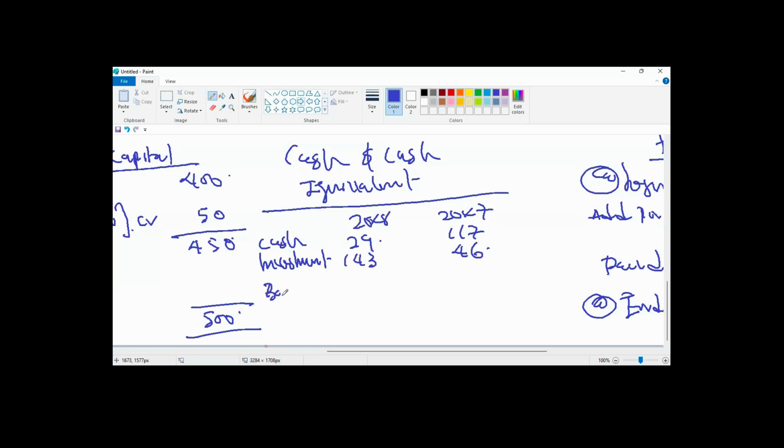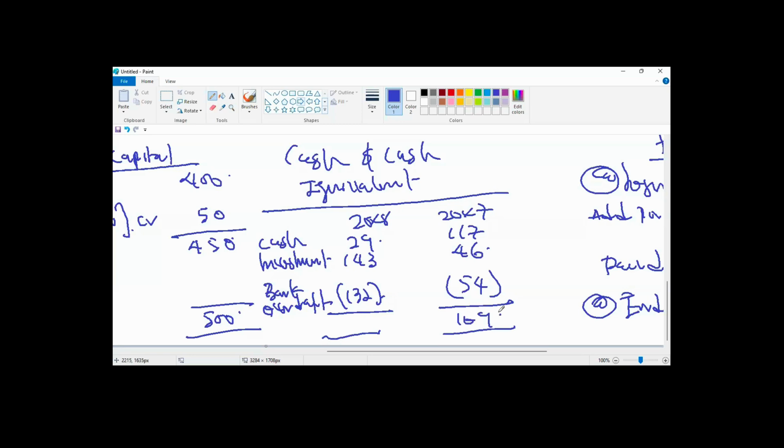Bank overdraft, 54. Is it correct? Yes, sir. 132. Where is this one coming from again? 109 in 2007.